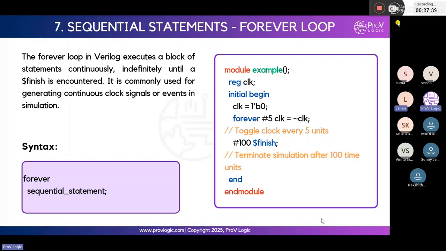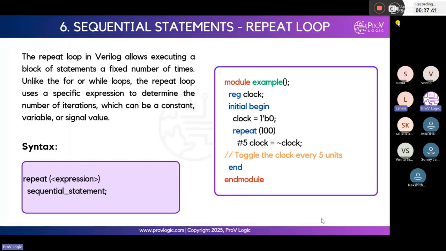Ma'am, repeat means repeating the same value, right? And forever is the toggling, correct?